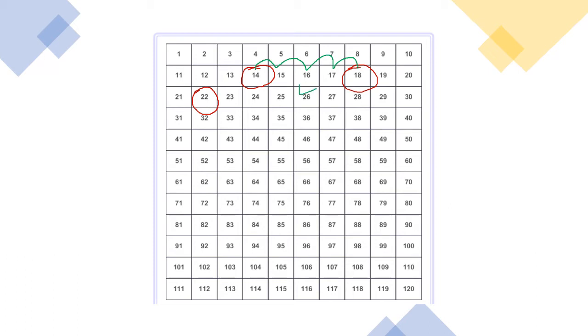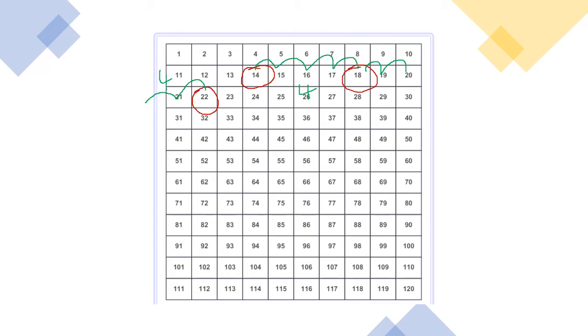So there are 4 jumps between 14 and 18, and between 18 and 22, 1, 2, 3 and 4, there are also 4 jumps there. So my prediction is that the rule says each time I'm going up by 4.